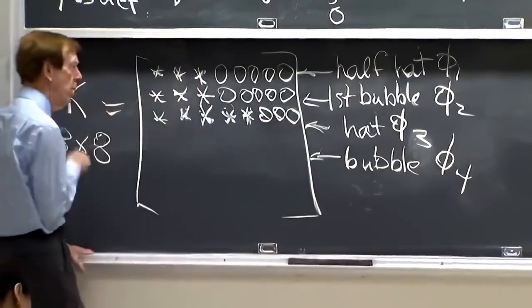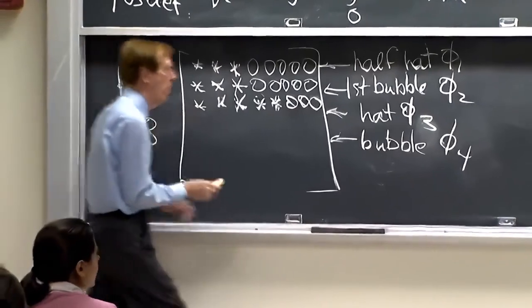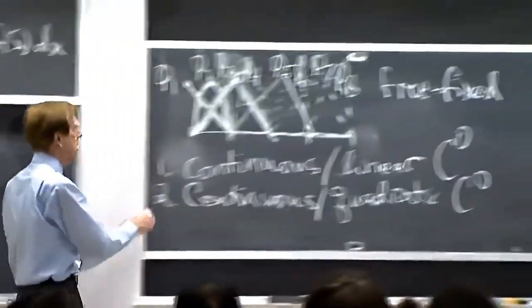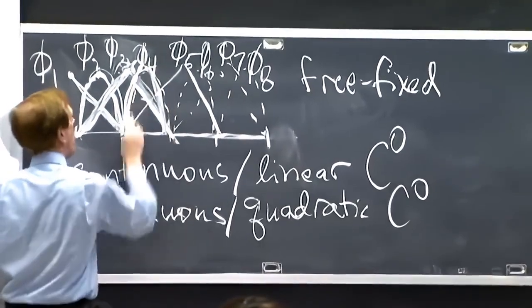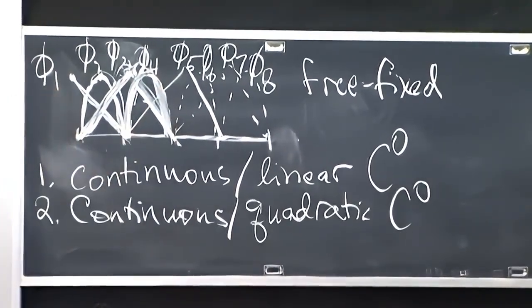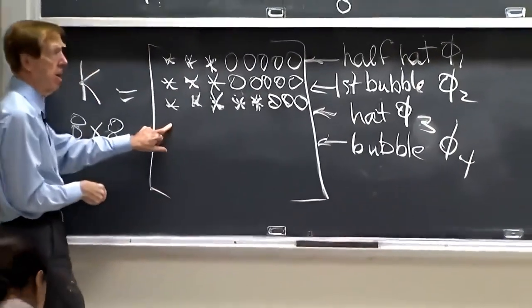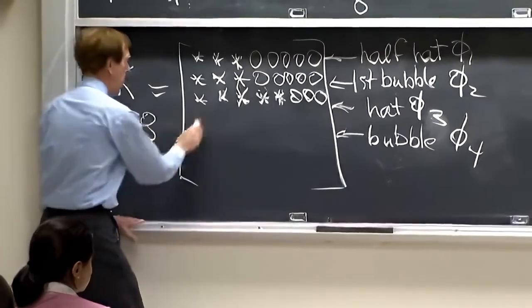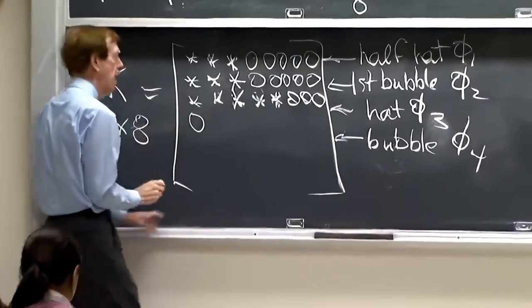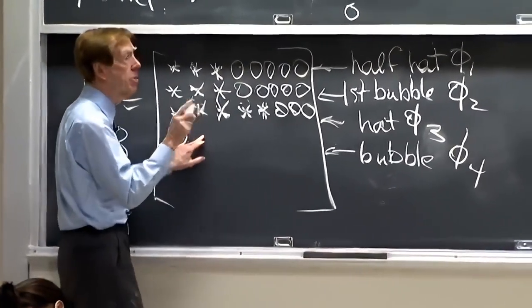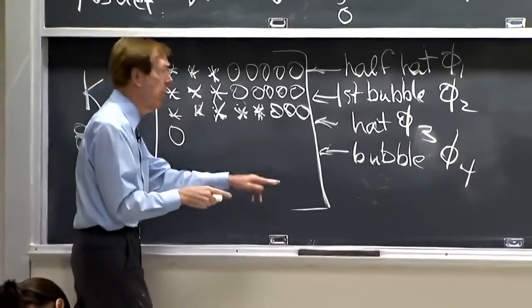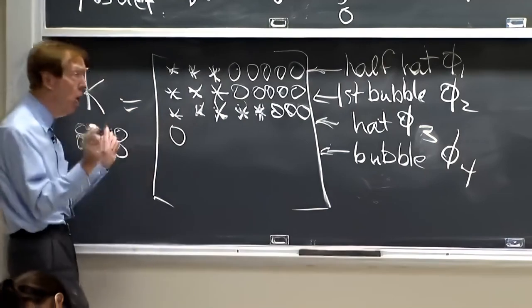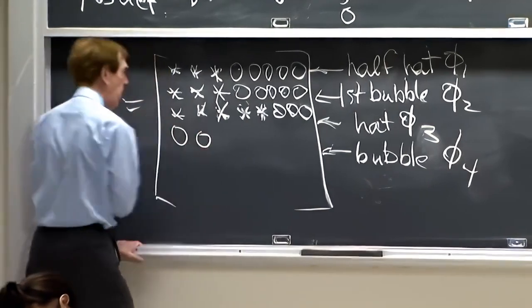Okay, and now do one more row, bubble 4. So now I'm looking at this next bubble, phi 4. What does that overlap? Does it overlap the half hat? Nope. Of course, symmetry told us that. Does the second bubble overlap the first bubble? No. Big point, 0 there.